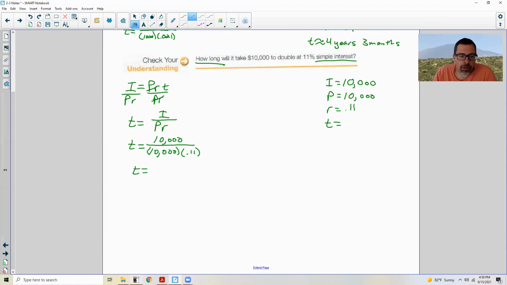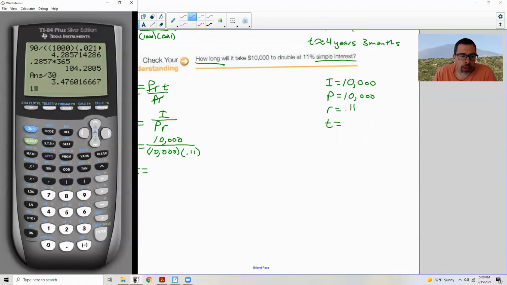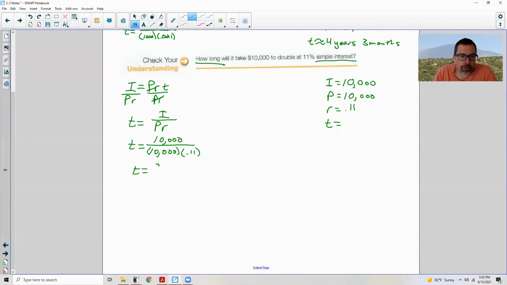Okay, and then I go to my calculator and I do 10,000 divided by 10,000 times 0.11, and I get 9.090909. 9.09. It doesn't say years, months, so I would say T is approximately 9 years.